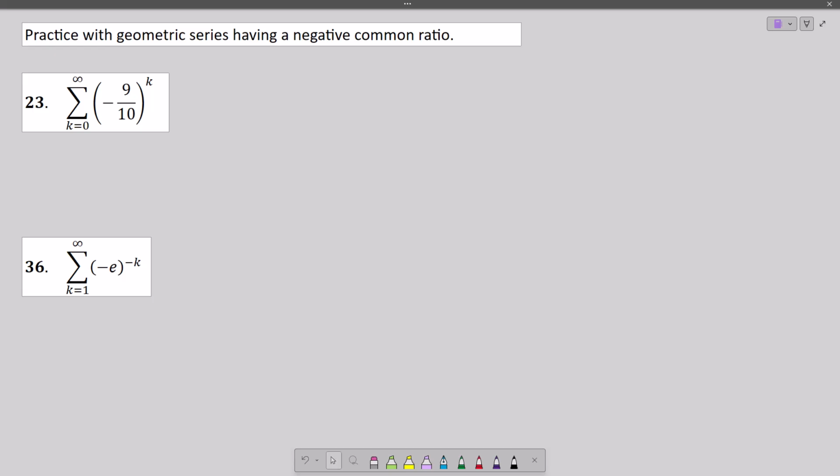We have our formula, it doesn't change: a over 1 minus r. How about A? 1.